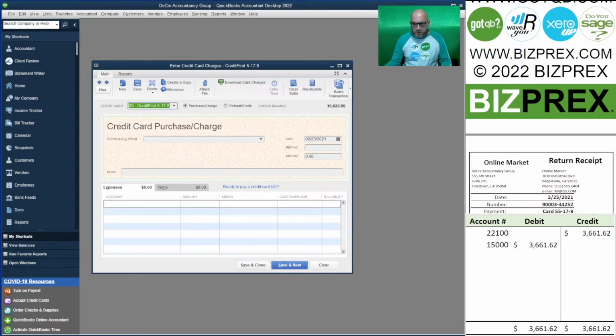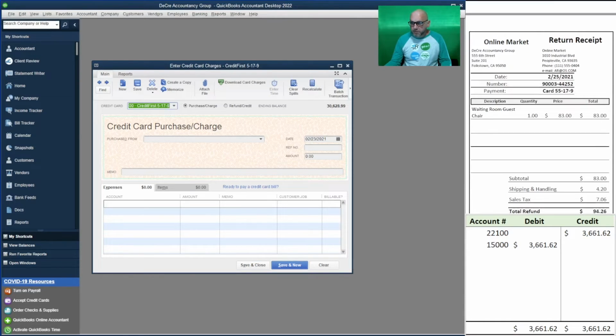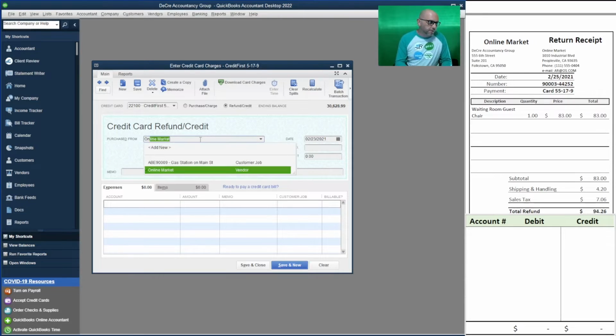that, and I think the next one we have is a return receipt, right? So with return receipts, we can stay in this interface. We just click these buttons and things change, right? Remember how debits and credits switch up here? So let's do this return. Online market.